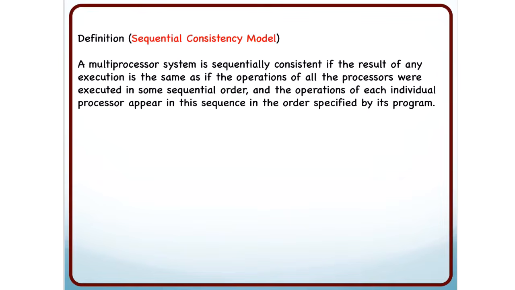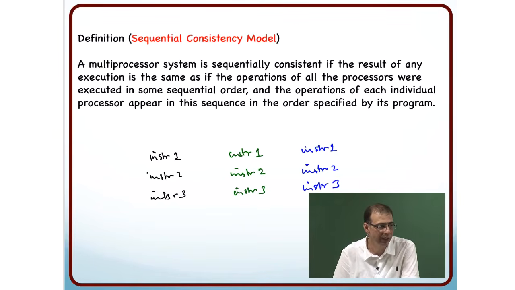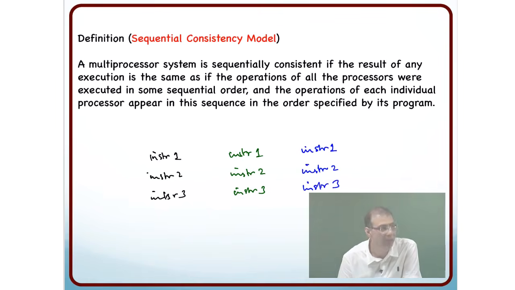What does it mean? It basically means that if this is my instruction 1, instruction 2, instruction 3 of one processor, and instruction 1, instruction 2, instruction 3 of a second processor, and let's say instruction 1, instruction 2, instruction 3 of a third processor, the output that I see should be one of the outputs of interleavings of these instructions with the order of each program being maintained.